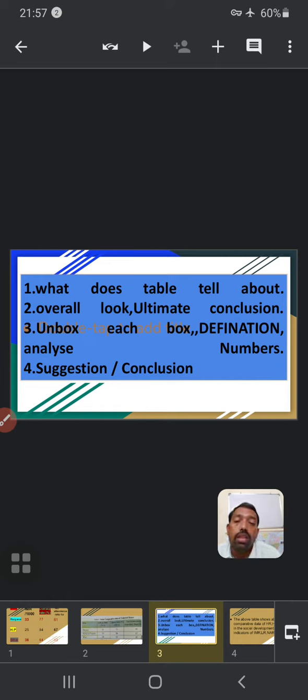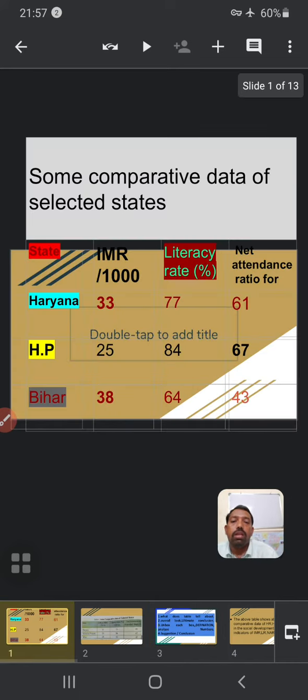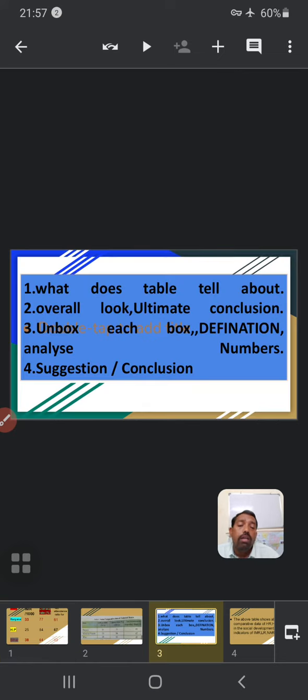The third step is unboxing each box. You know that there are three boxes here; you have to unbox each box, write the definition, analyze the numbers, and explain why there is a high number and why there is a low number.